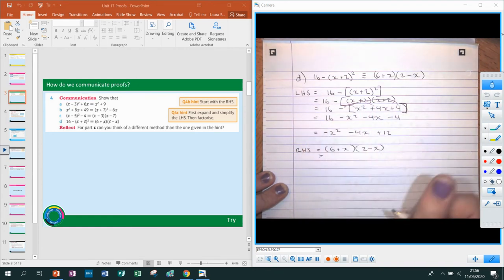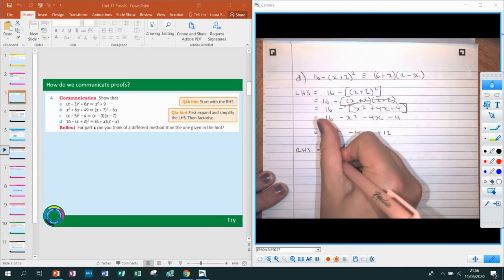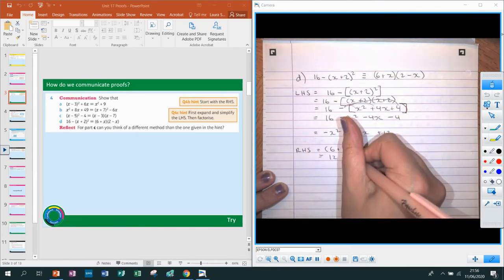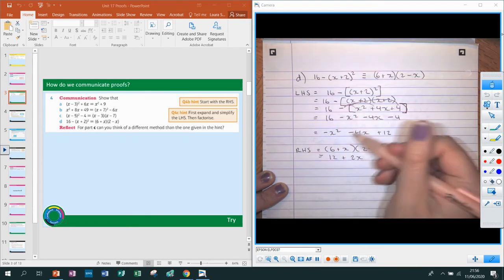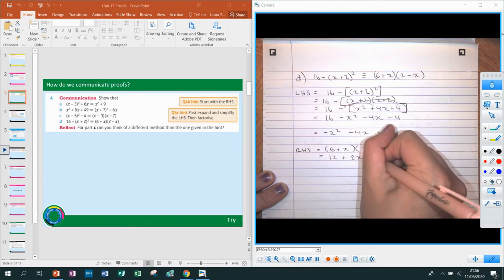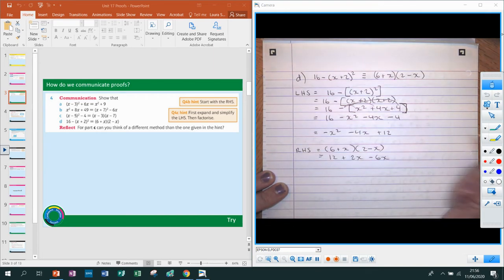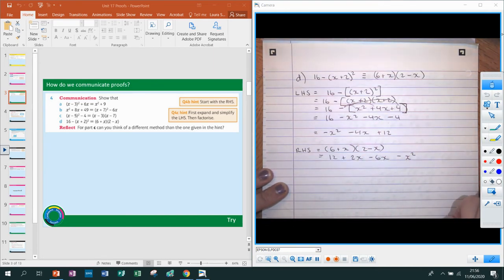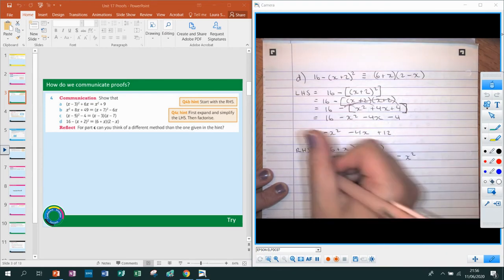Okay, so I'll do this the long way. 6 times 2 is 12, plus x times 2, which is 2x. 6 times minus x, which is minus 6x, okay, and x times minus x, which is minus x squared. Right, so have I done something silly? Let's just check, because it doesn't look, yeah, no, it should match, there we go.